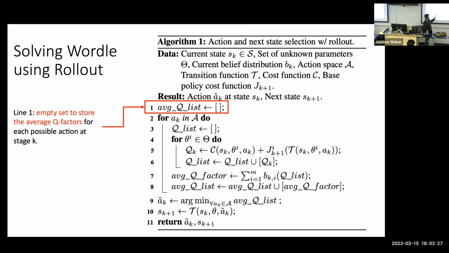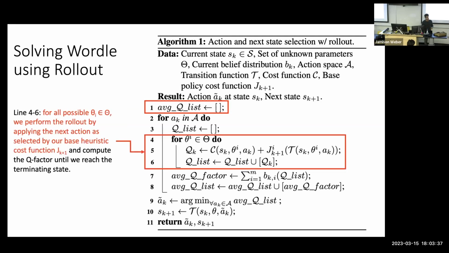So we start with an empty average Q list, in which we are going to store the average Q factor values for any possible action that we can take. And for the rollout part, for each individual theta that is possible, which means each individual mystery word that is possible, I'm going to iterate over.